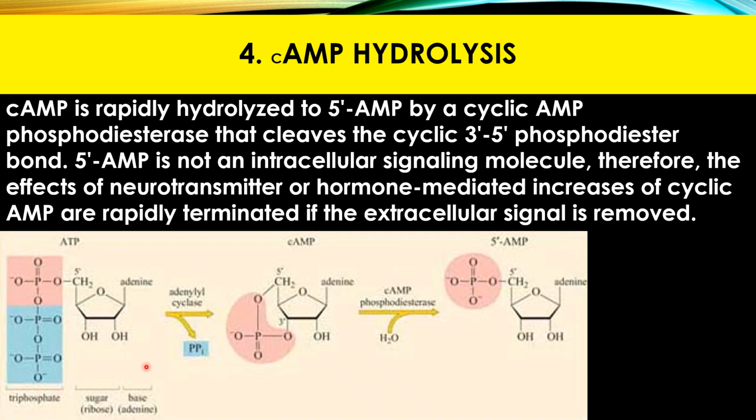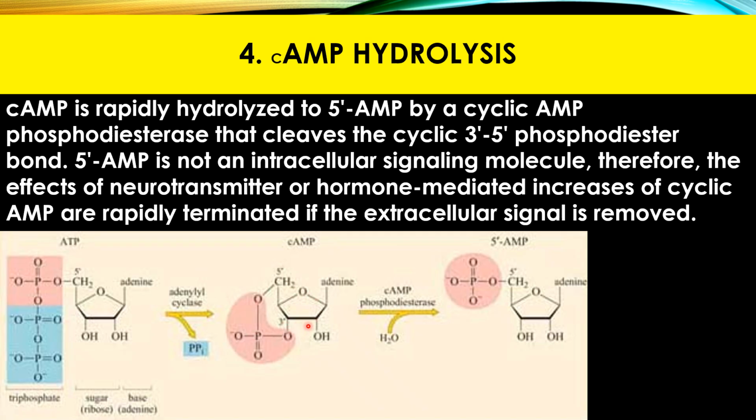Here is the activation of cAMP and the inactivation of cAMP. So here is the ATP, with adenylate cyclase embedded in the cell membrane. After the removal of phosphate, it attaches to this phosphate group. One phosphate group will attach to the pentose sugar at the 5' and the 3', so it is also known as 3',5' AMP.